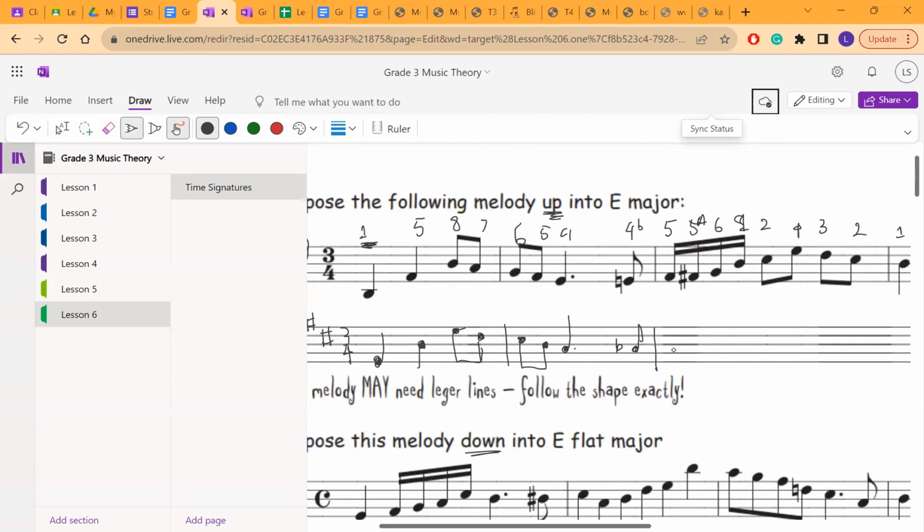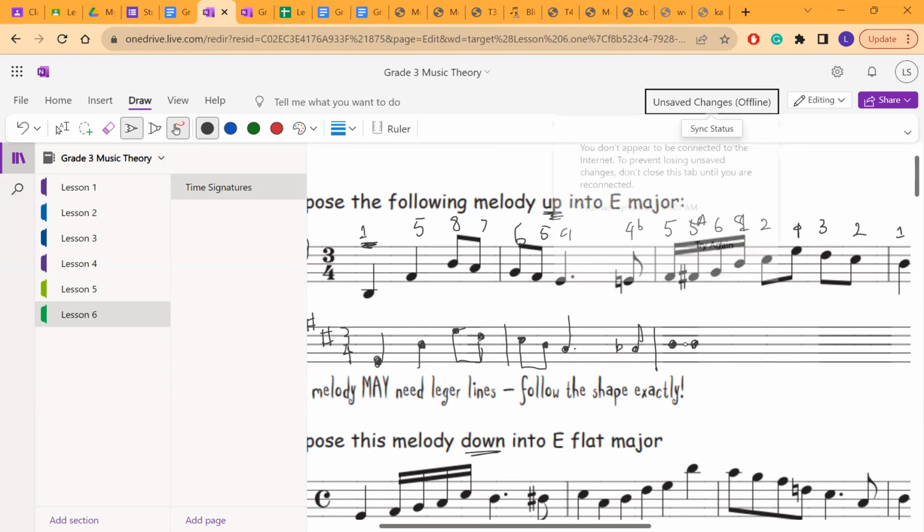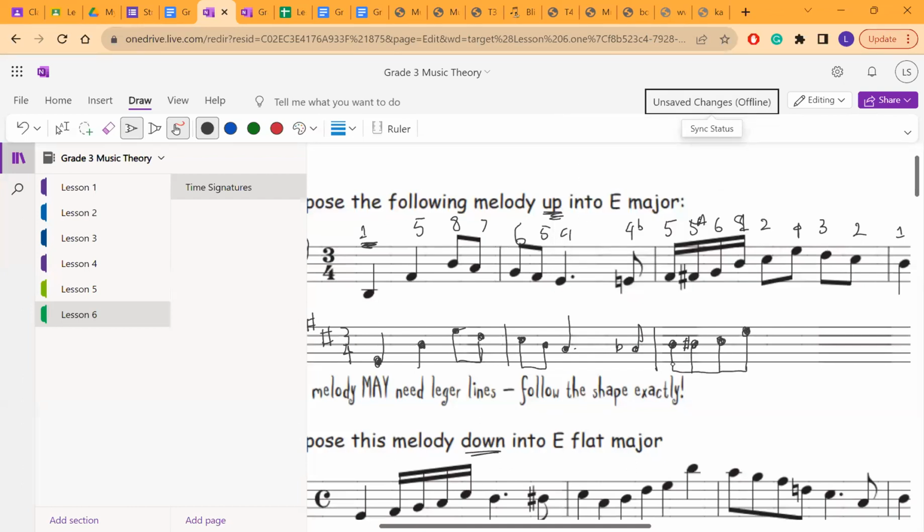And now we keep going. B sharp here, we need to raise, keeping all the note durations the same.